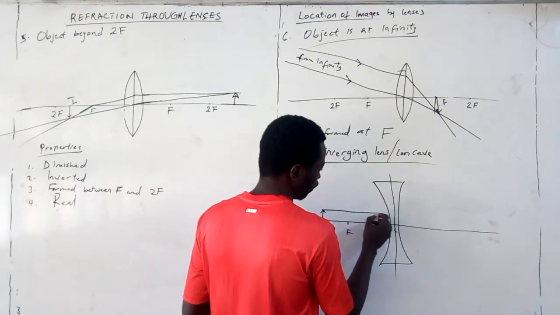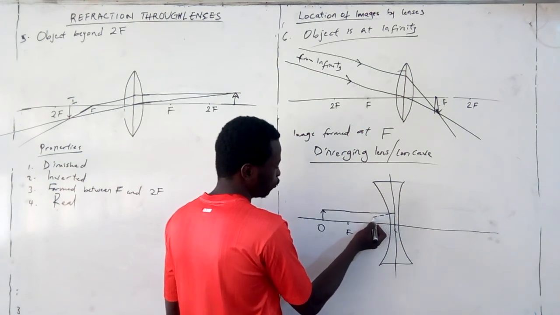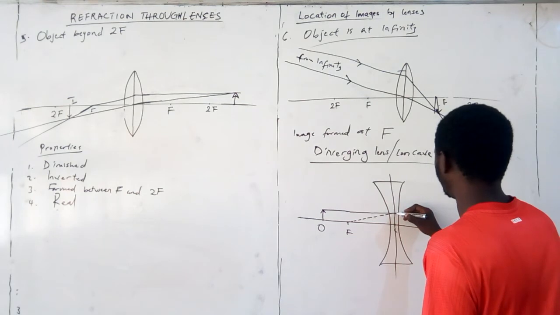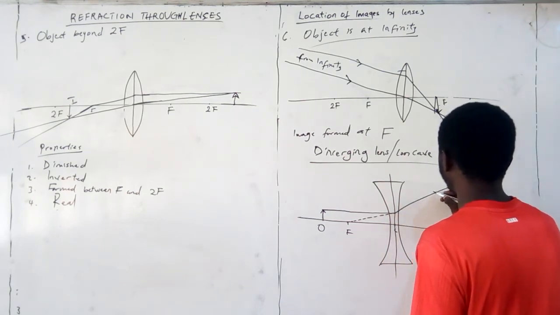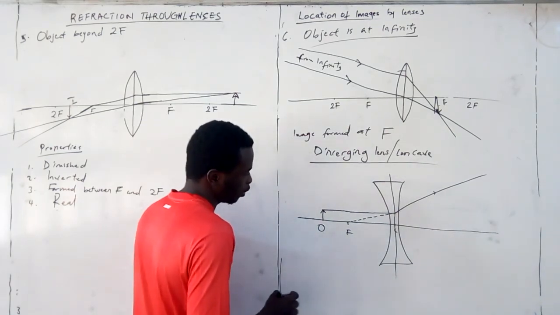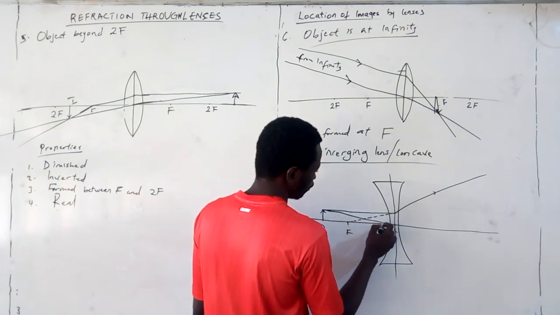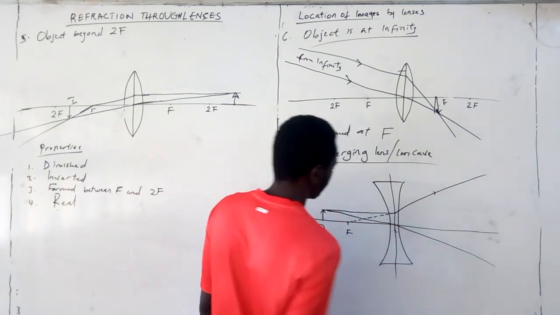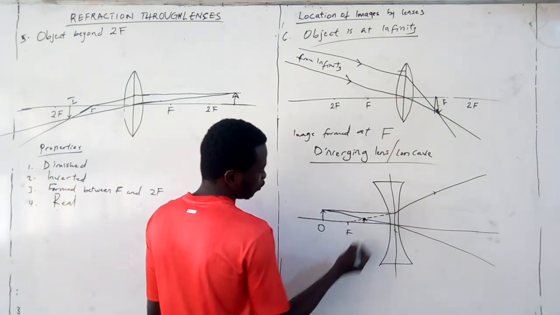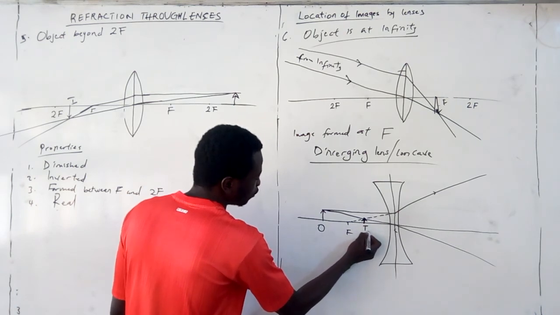So we have rays of light this way, then they will diverge this way. Then we send a ray from the object to pass through C this way. At this point where they meet, that's where the image is formed.